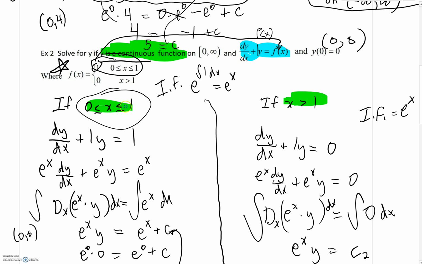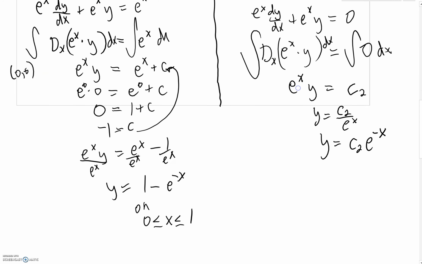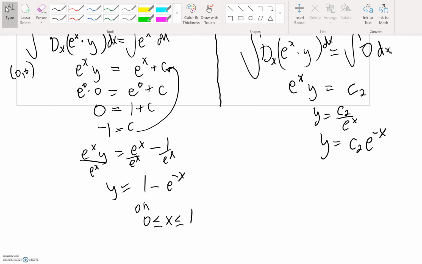Well, yeah, we've got two different intervals, but they're joined at 1. If you're going to be continuous, the y value that you're getting at x equals 1 for our first solution has to be the same as what we'd get for the x greater than 1 solution. To be continuous, that's going to have to be true.